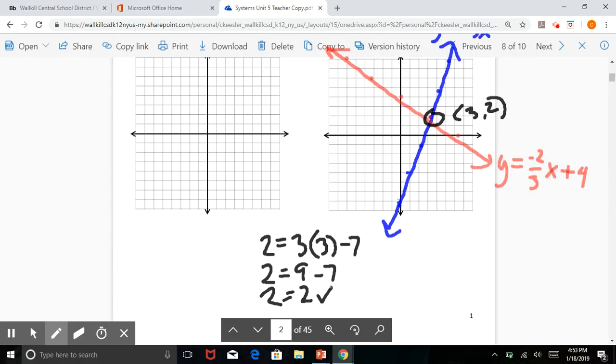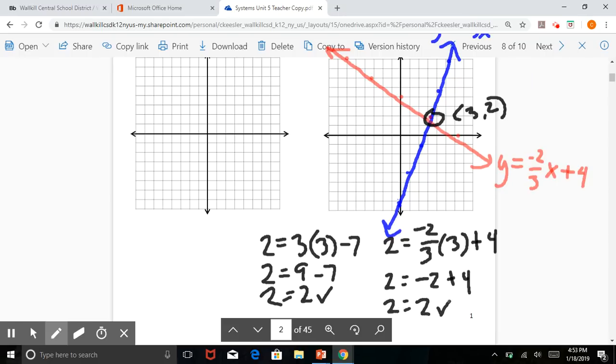Plugging it into the second equation, 2 equals -2/3 of 3 plus 4. Remember, 3 divided by 3 is 1, times -2 is -2 plus 4. And 2 then also equals 2. So we proved that it is a solution to both equations by plugging it back in, and therefore it is the point where they should cross on the coordinate plane, which we have already proven.